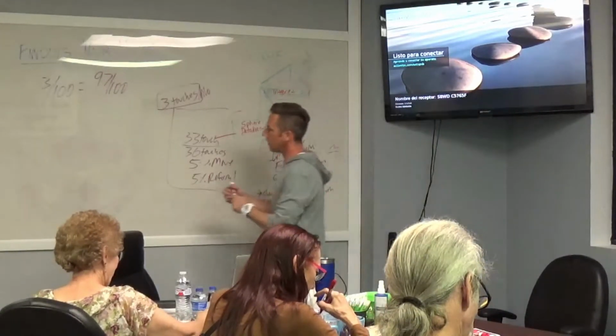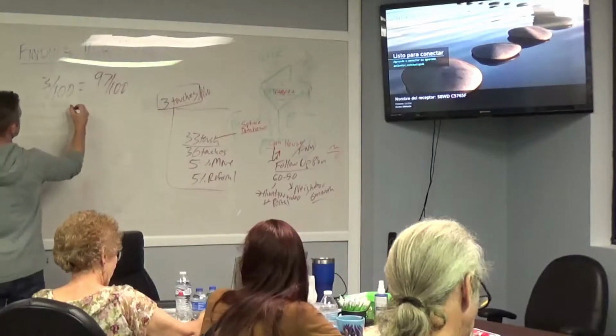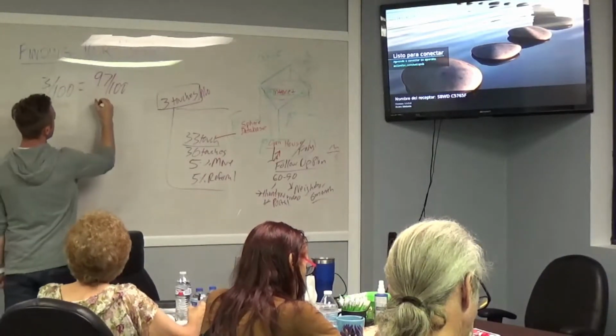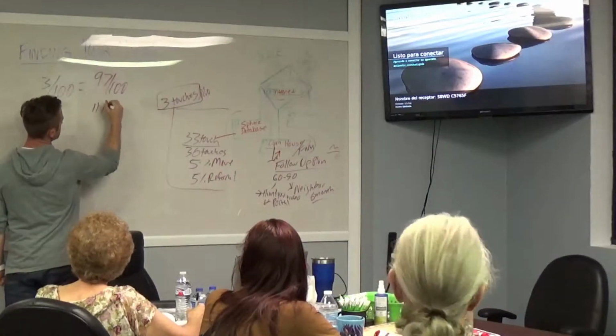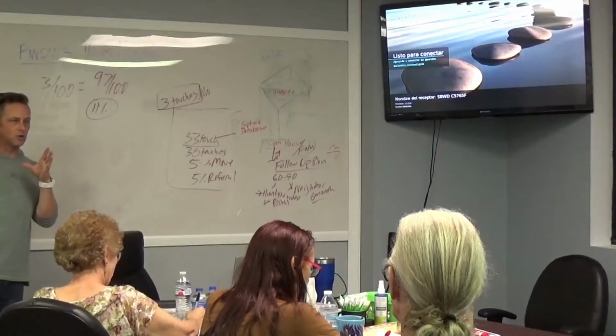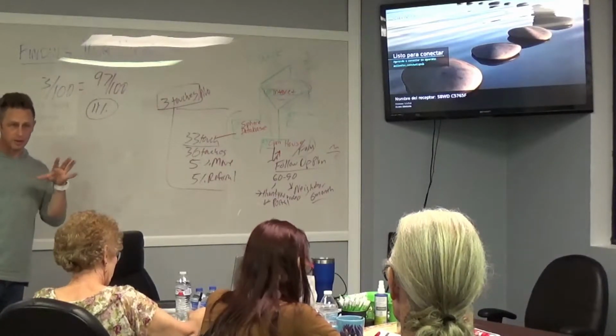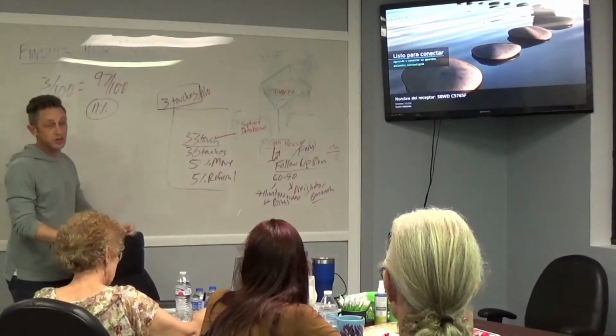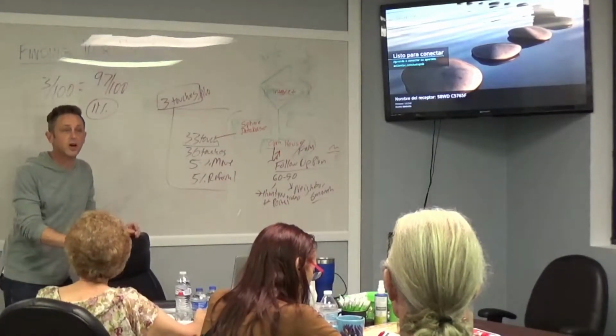Let's say we're going to be the best team in the country today. The top Zillow team in the country right now is converting at about an 11% ratio, so 11 out of 100.